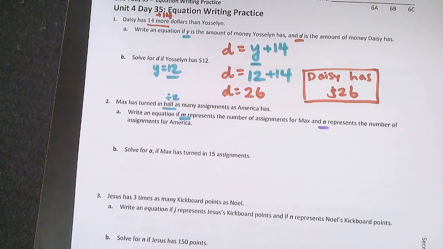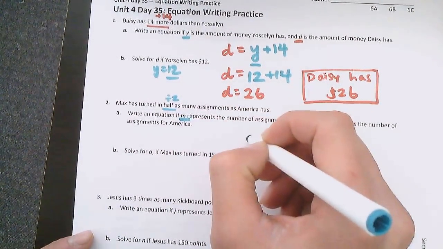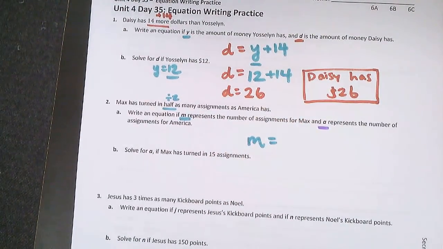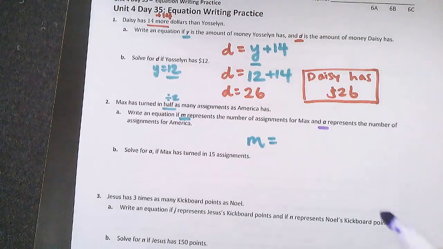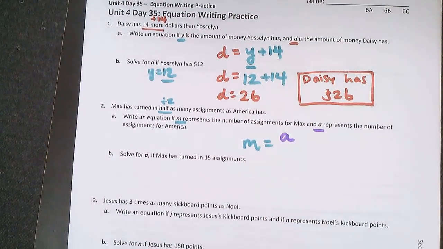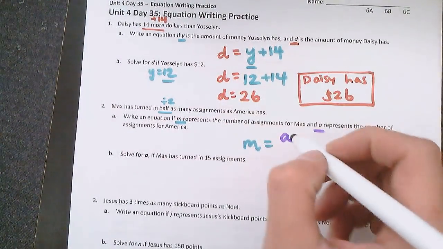So if we write an equation between the two, we can say that Max, which we're using M for, is equal to whatever America has, which is A, and we're dividing all of that by 2.